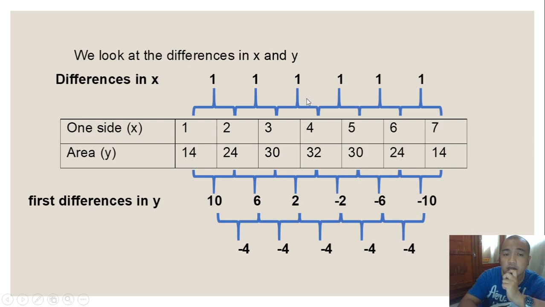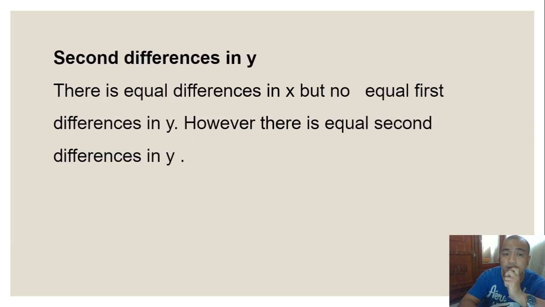First differences in x are equal. How about the second differences in y? They are also equal. So that's how we can tell that the given table is a graph of a quadratic function.